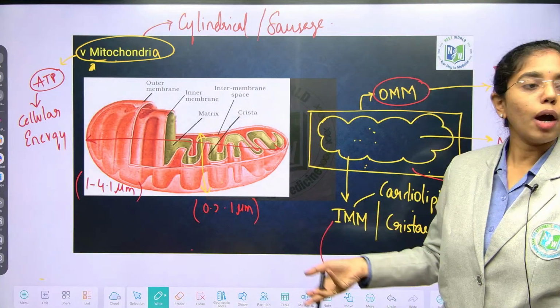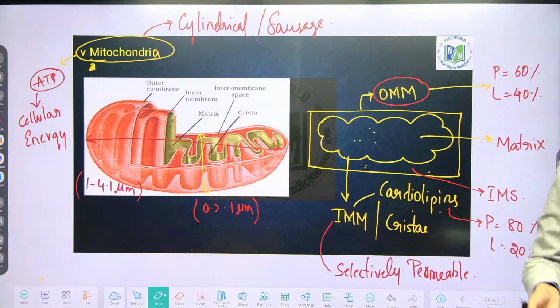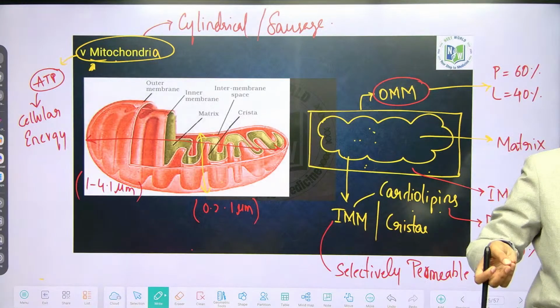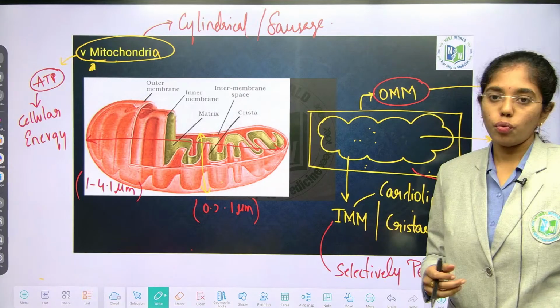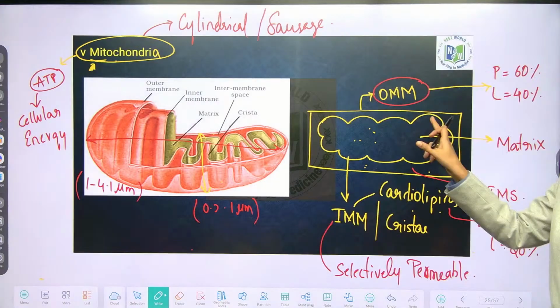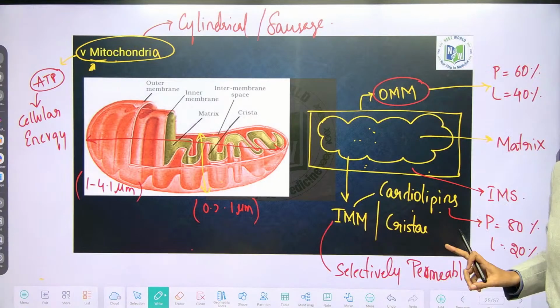How many mitochondria are present in a cell? That is based on the energy requirement of the cell. Number of mitochondria will vary. And here you have to recall a few functions. What are the components of each structure? You have to know.